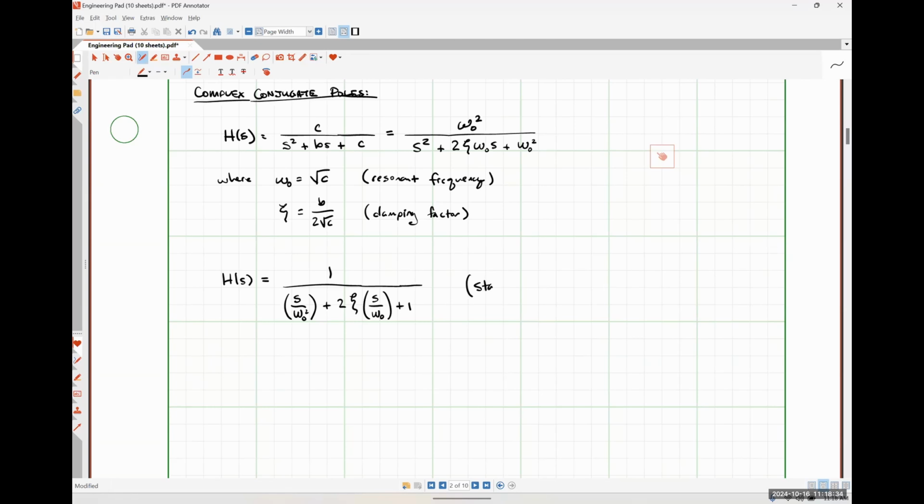So let me write this as standard form for Bode analysis.